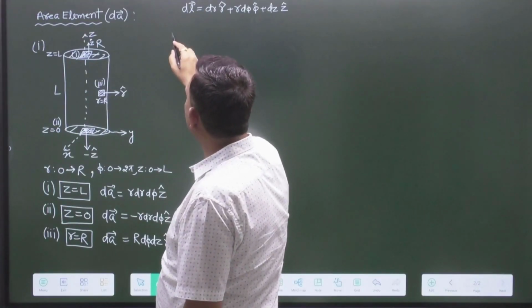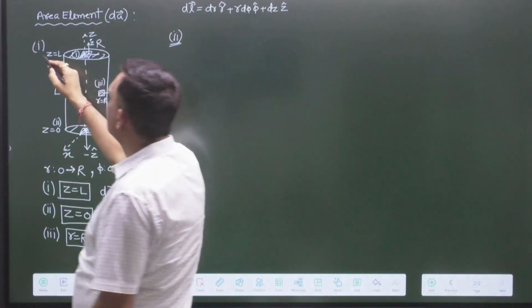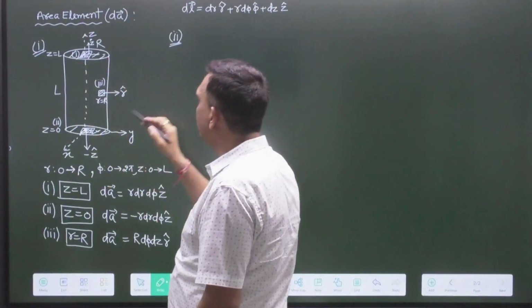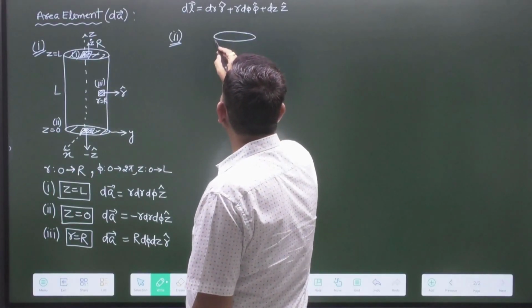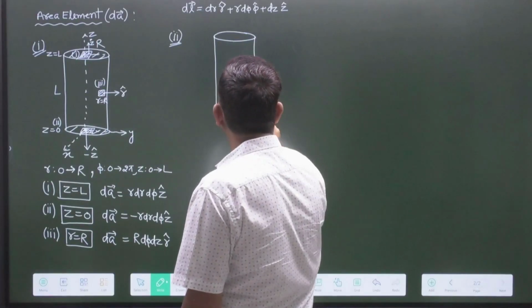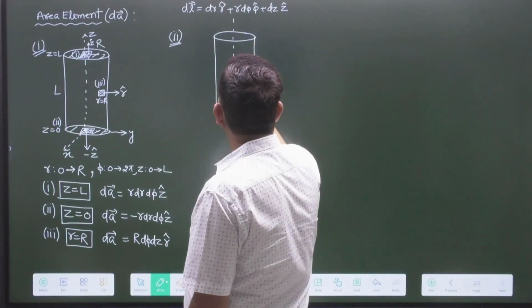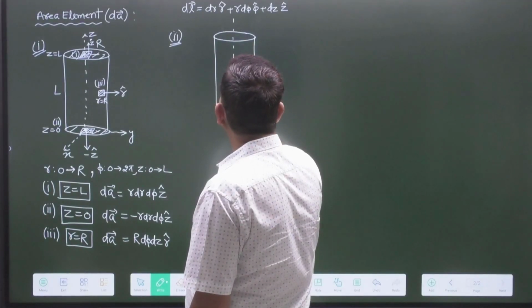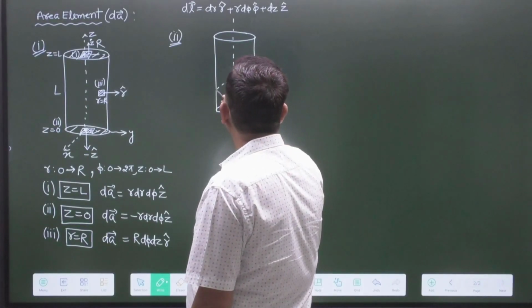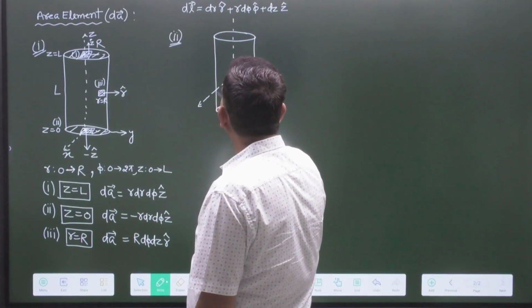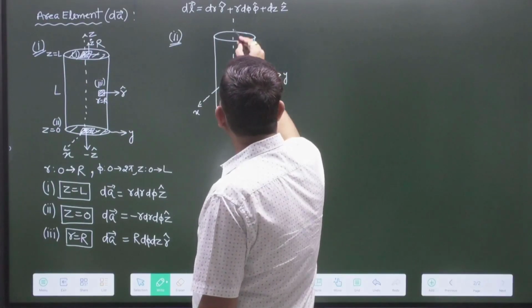Let's see another case, the second case. This is the same cylinder of radius r, but it is centered at the origin.